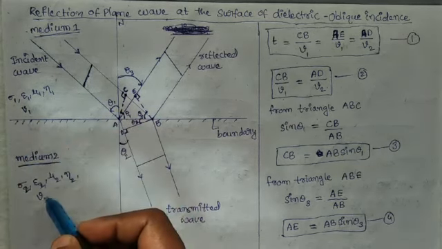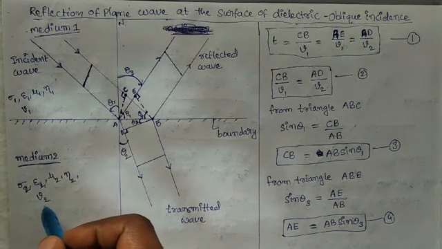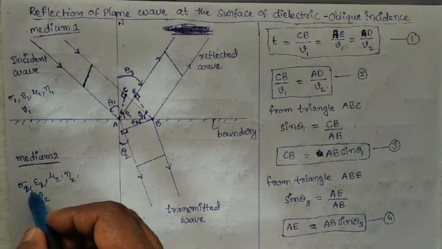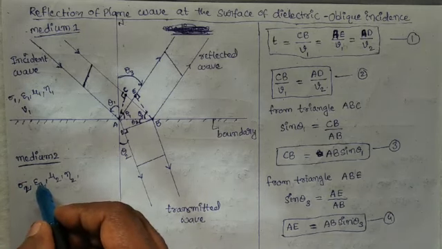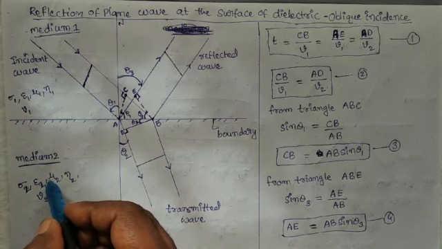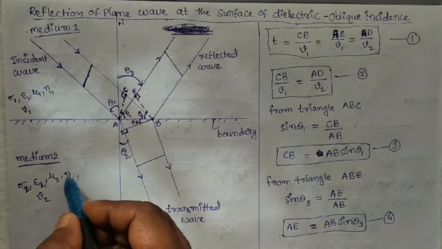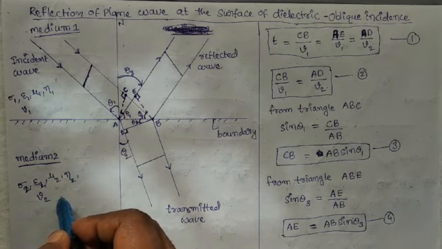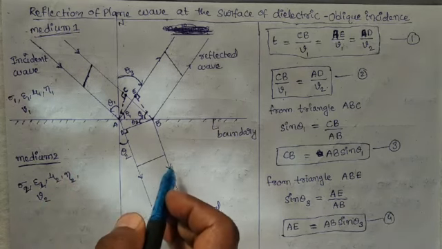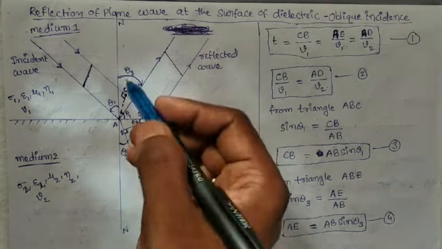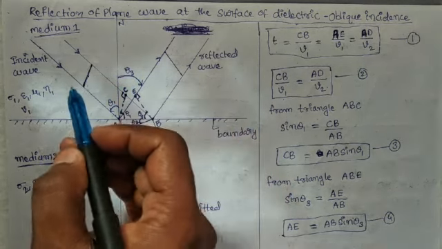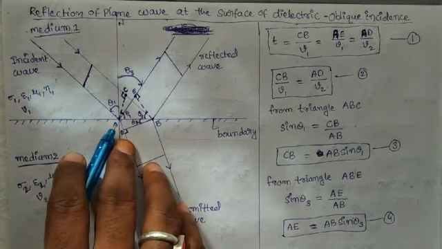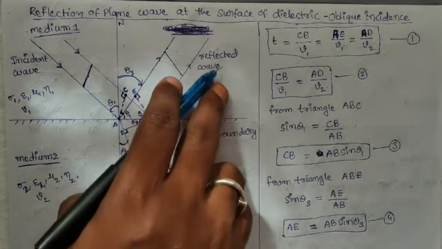Similarly, medium 2 has the parameters: conductivity sigma 2, permittivity epsilon 2, permeability mu 2, eta 2 is the characteristic impedance, and v2 is the velocity of propagation in medium 2. Let us consider the wave is incident at the interface between the dielectric and dielectric medium.